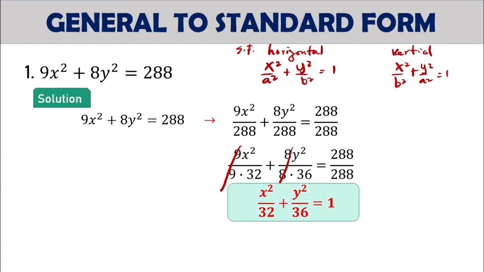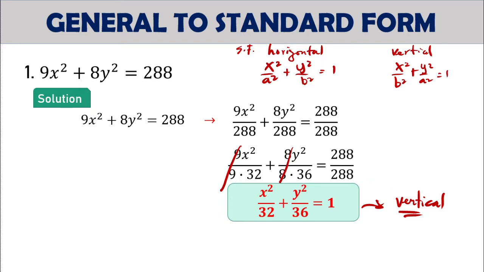So this is the standard form of the ellipse. Now, the question is, how are you going to identify if it is horizontal or vertical? Do you know that this is a vertical ellipse? Why?